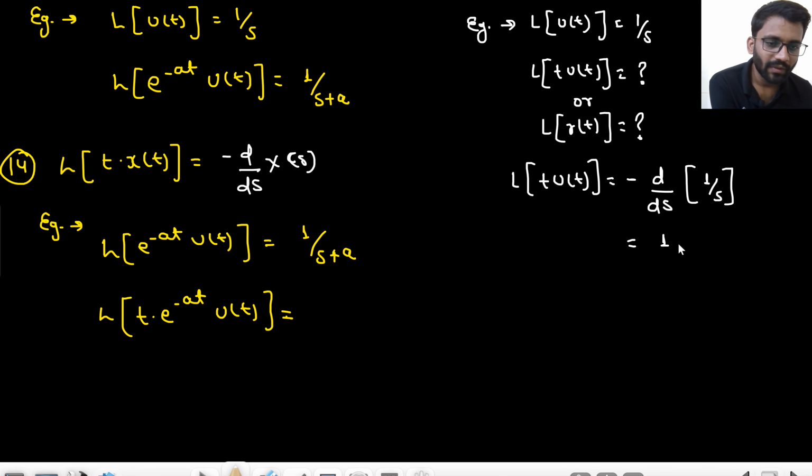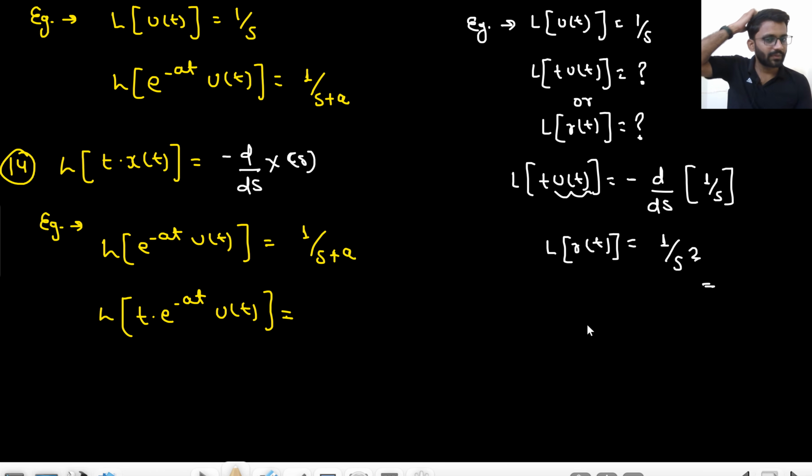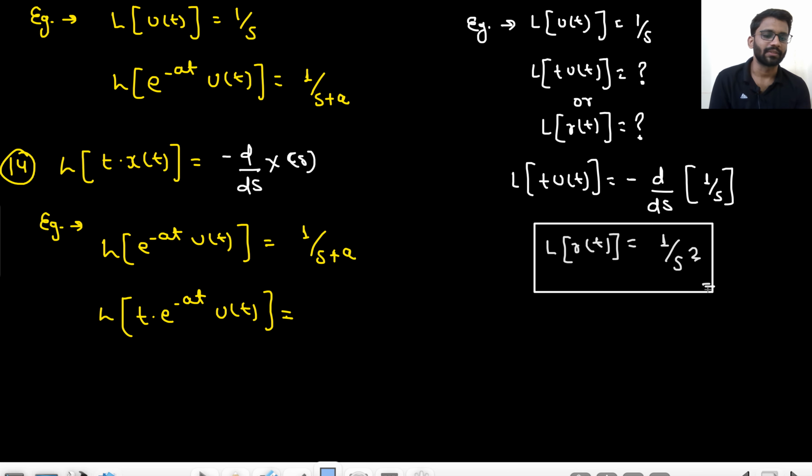So it would be 1 by s square, right? So Laplace transform of r(t) is 1 by s square. Just the Laplace transform of t into u(t), and the differentiation, that would be 1 by s square with the minus sign also. So this is an example only. Okay. Also, why am I taking this example?